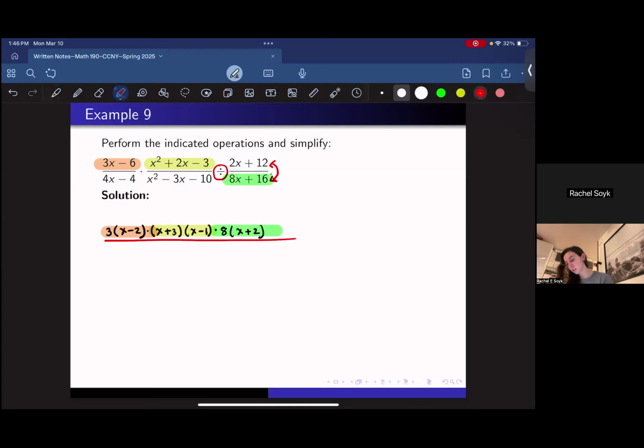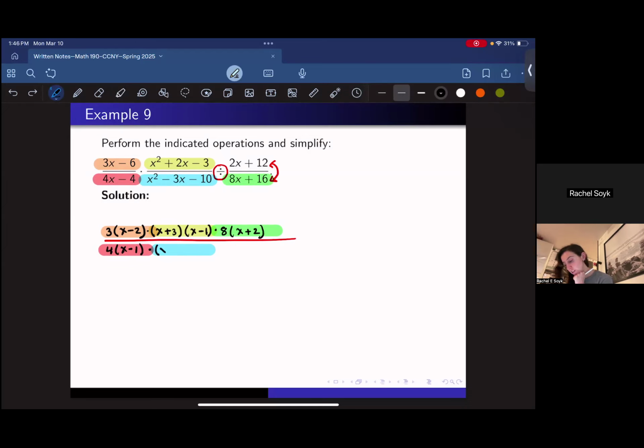Now let's take a look at our denominator. I'm going to pull out a 4 here. So we have x minus 1. Factor this. Factor pairs of 10 that add to -3. Is that possible?